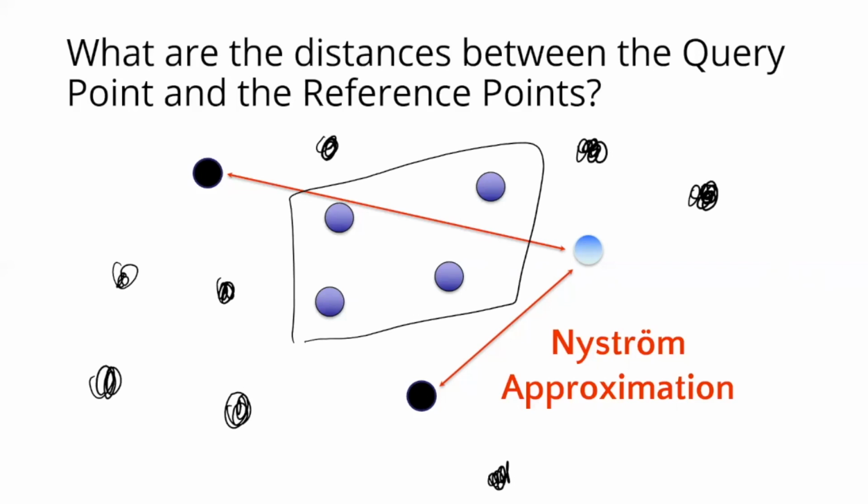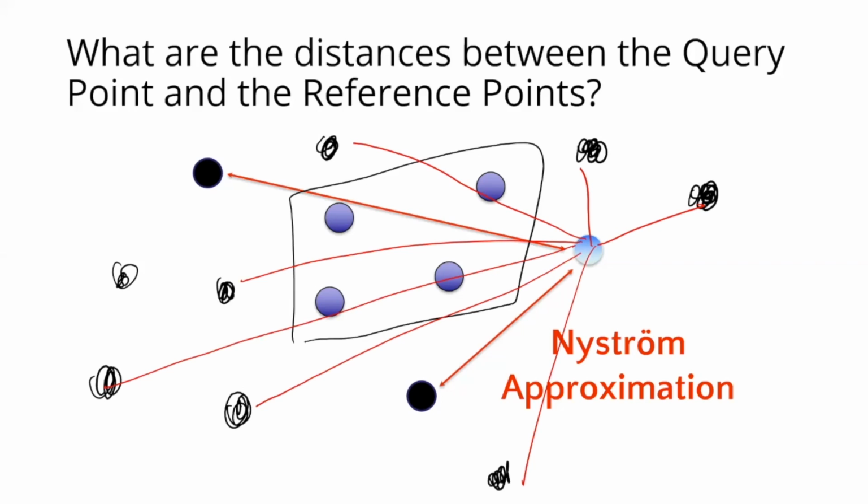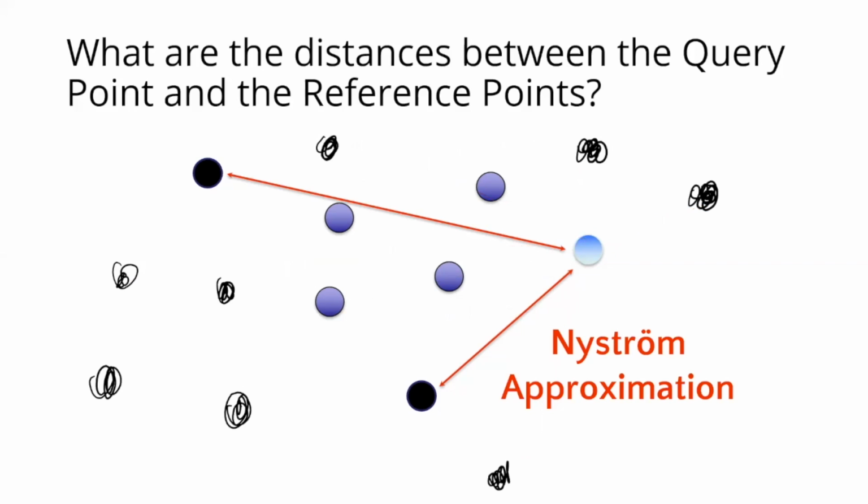So that means, without Nystrom approximation, you'll have to visit all those thousands of reference points in order to find, for example, the nearest neighbor, right? But with Nystrom approximation, you don't actually have to visit all those thousands of black dots. You just need to compute the distance from the query point to all 4 pivots, which is not a big deal.